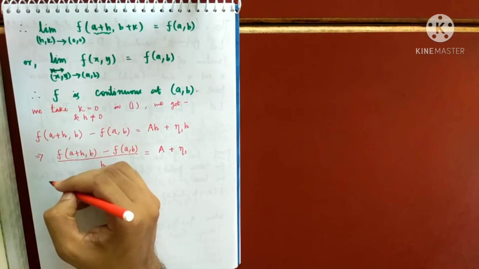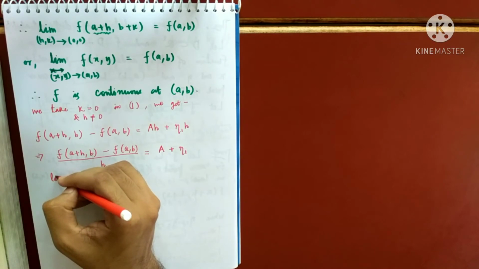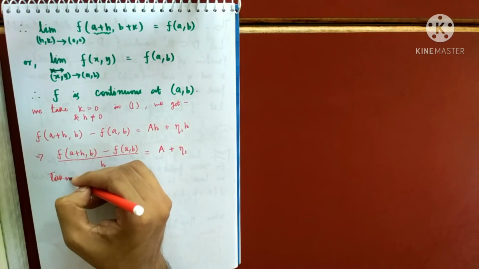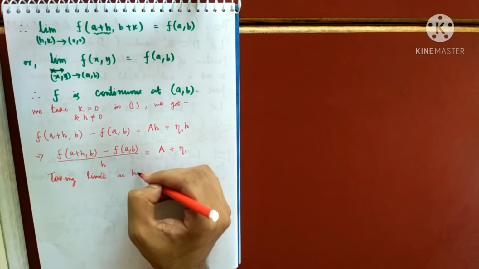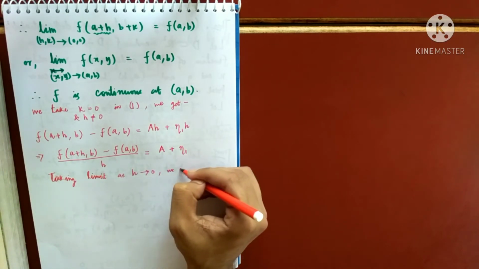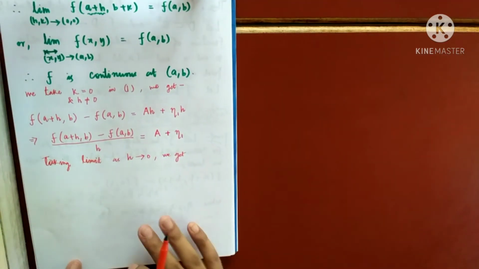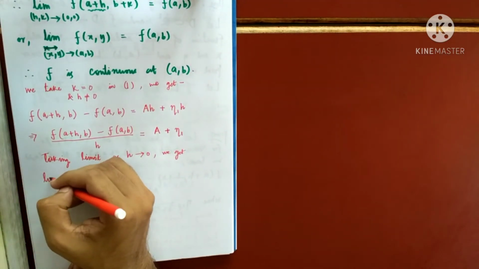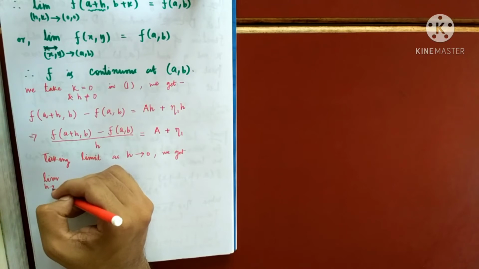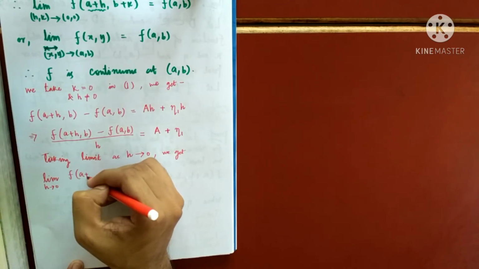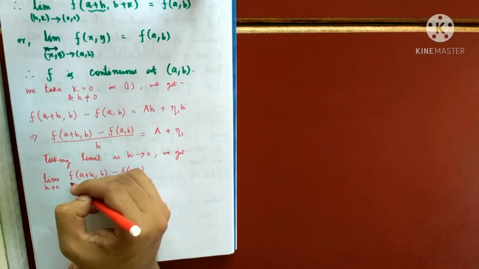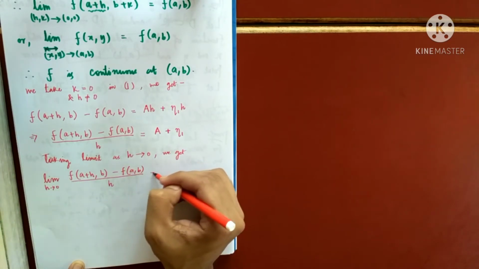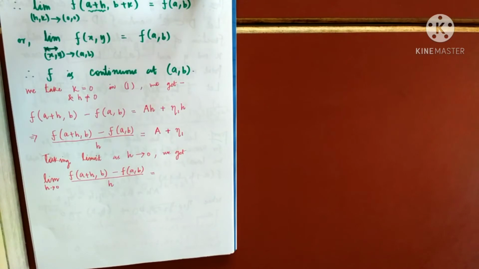Now we take the limit as h tends to 0, and let's see what we get. What is the left hand side? Limit h tends to 0, f of a plus h comma b minus f of a comma b by h equals to, what is the right hand side if I take h tends to 0?